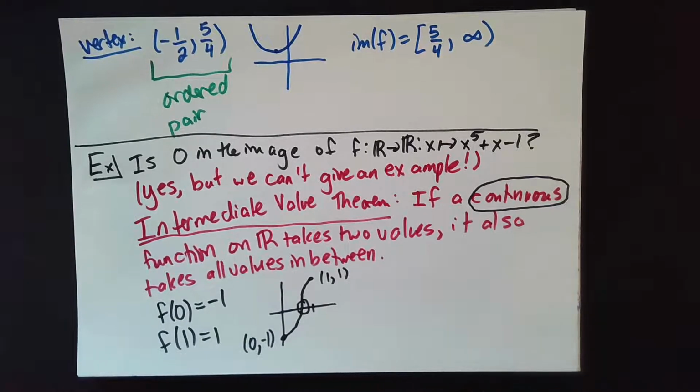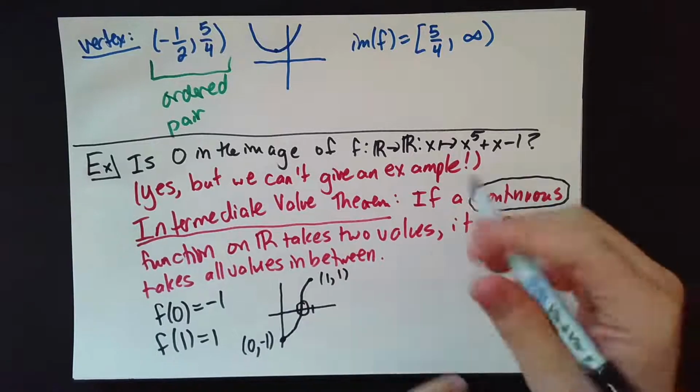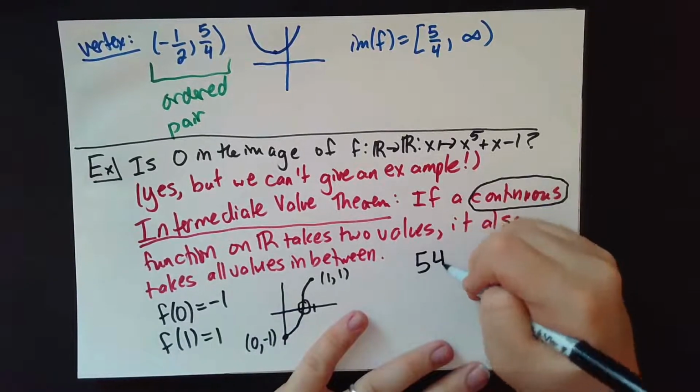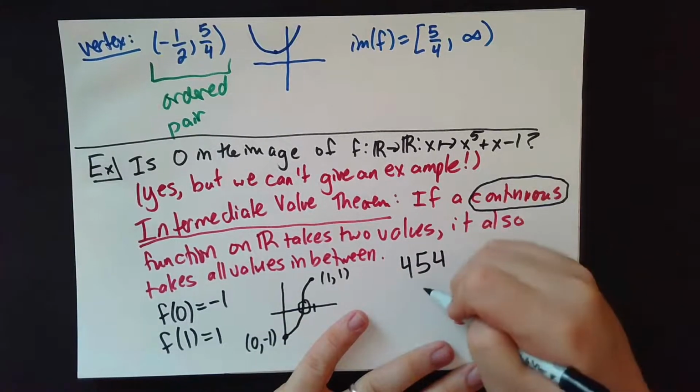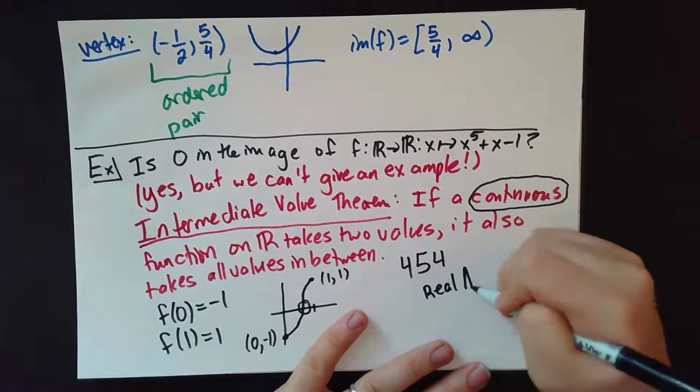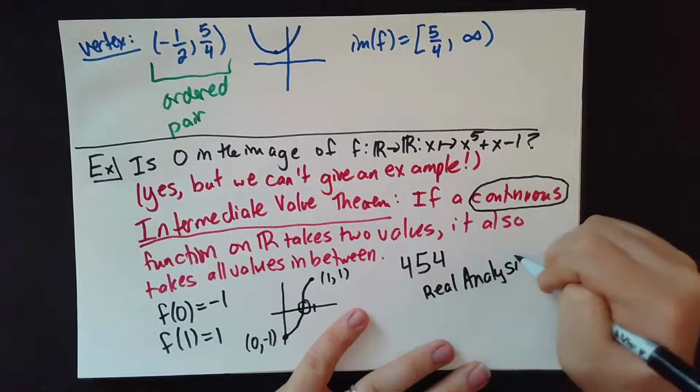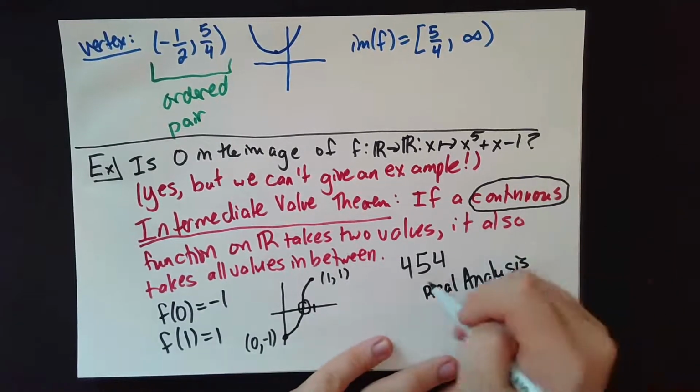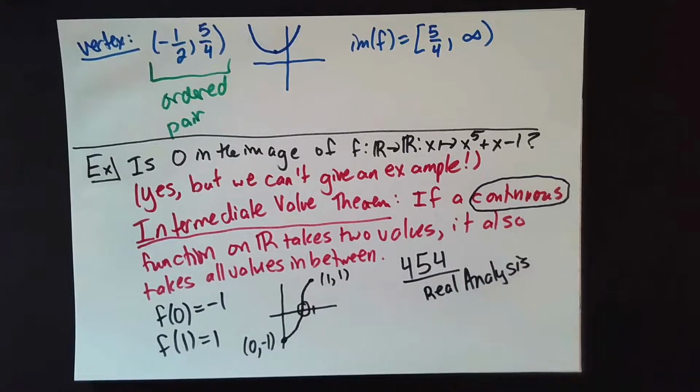And so, in fact, actually, if you're interested in this, this is our 454, so our real analysis course, is the course that takes care of explaining how all of these pieces actually end up fitting together into the larger puzzle.